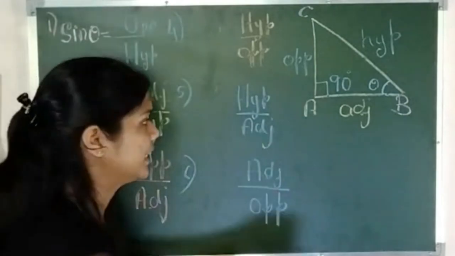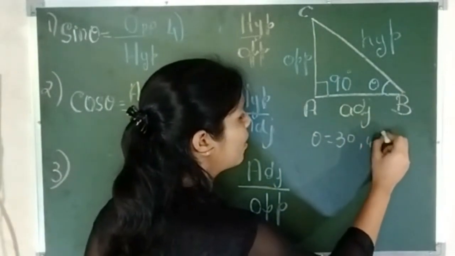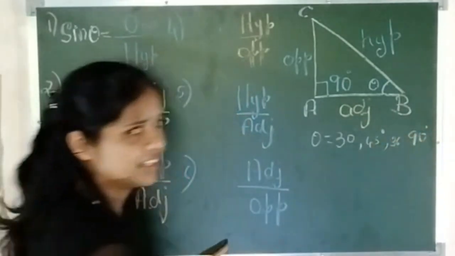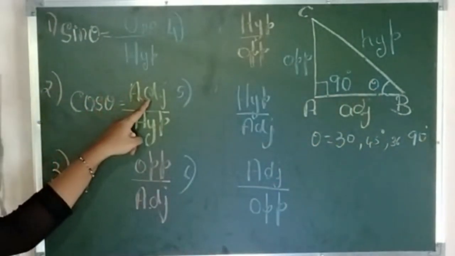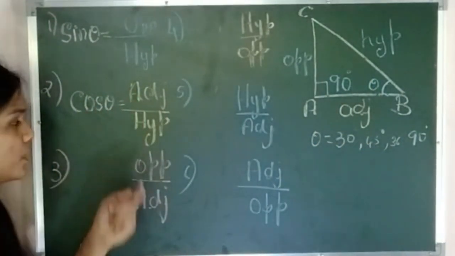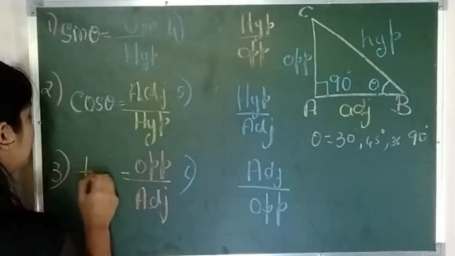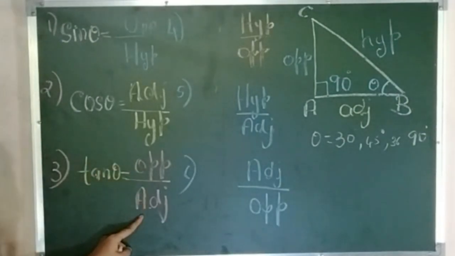Theta can be anything: 30 degrees, 45 degrees, 90 degrees, 36 degrees, anything. For any angle theta, cos theta is given by adjacent by hypotenuse. And next, the ratio of opposite and adjacent is called tan theta.